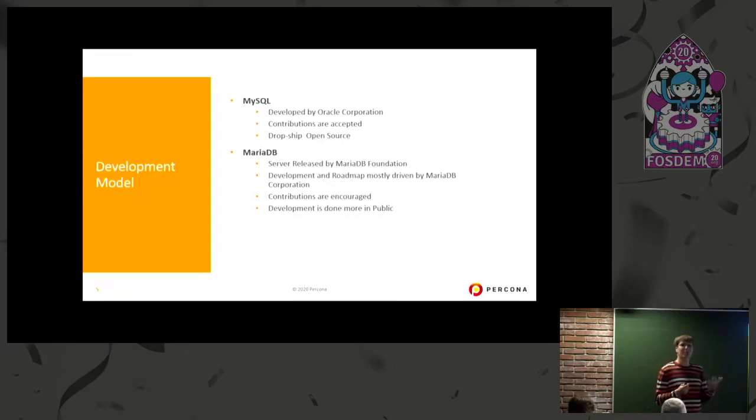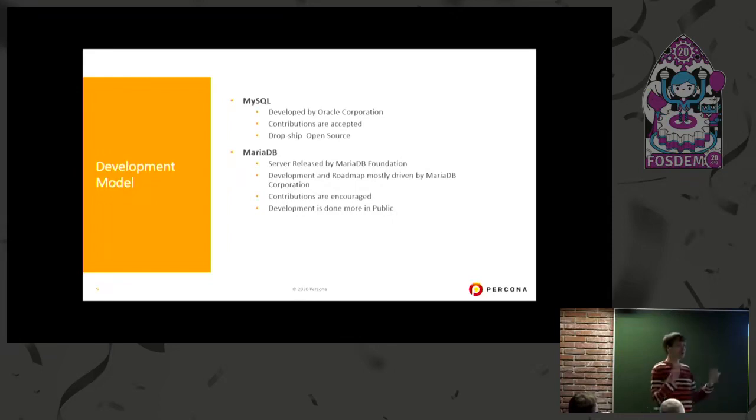At the same time, contributions are very much encouraged. I think MariaDB spends a lot of time and effort to really invite people to contribute, which is a two-sided coin. On the one hand that gets more stuff into MariaDB, but it also means you may not have as much consistency between the features. You have more stuff to maintain, and there can be more stuff of unknown quality because it was contributed.